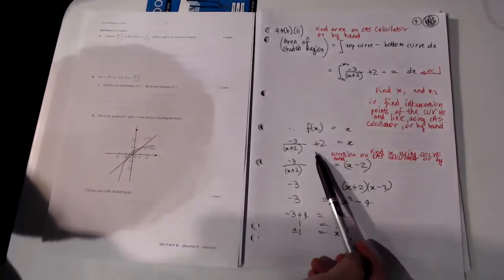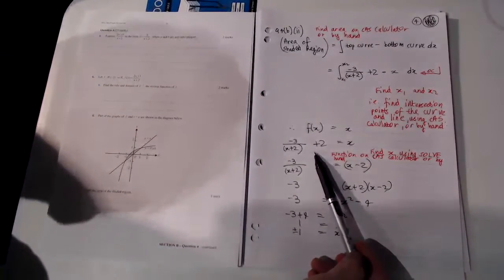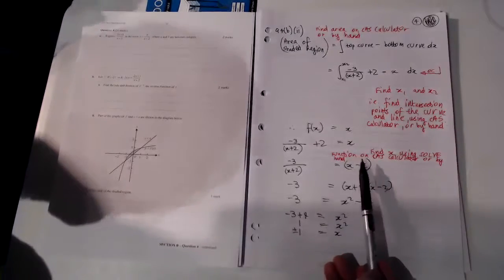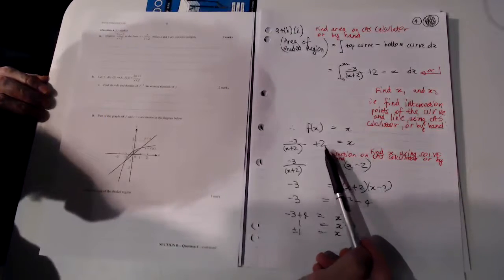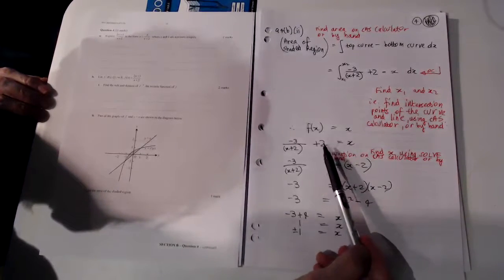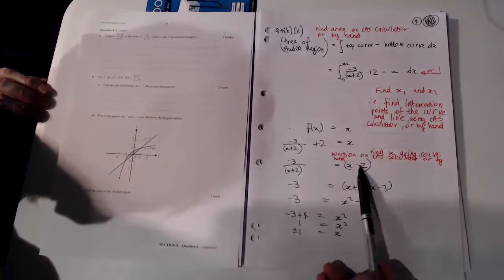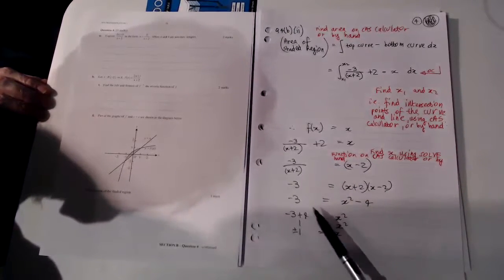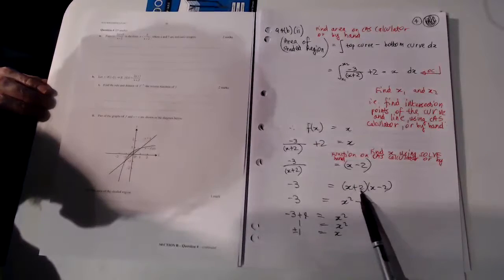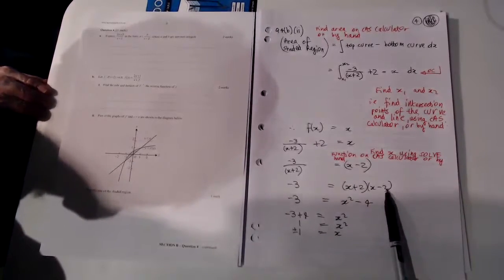But just in case this question appeared in exam 1 where you can't use the calculator, how would you do it by hand? Well, you would put the plus 2 on the other side, multiply both sides by x plus 2, and that gets you to -3 equals x plus 2 times x minus 2, a difference of two squares, x squared minus 4.